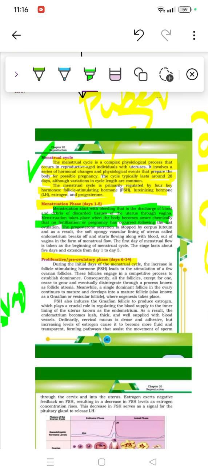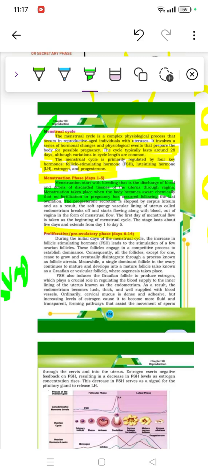The menstruation cycle simply happens when there's no fertilization, no sperm has fused with the female body. So it's a sign that there is no fertilization, right?